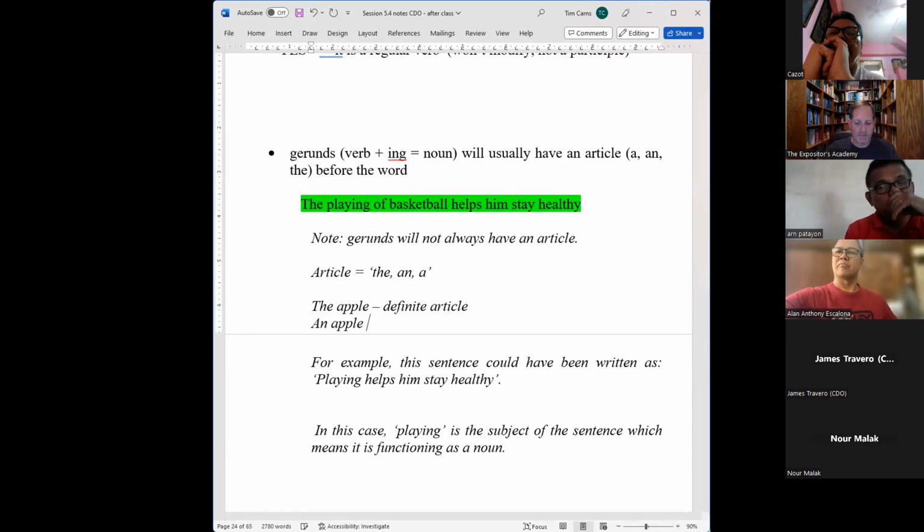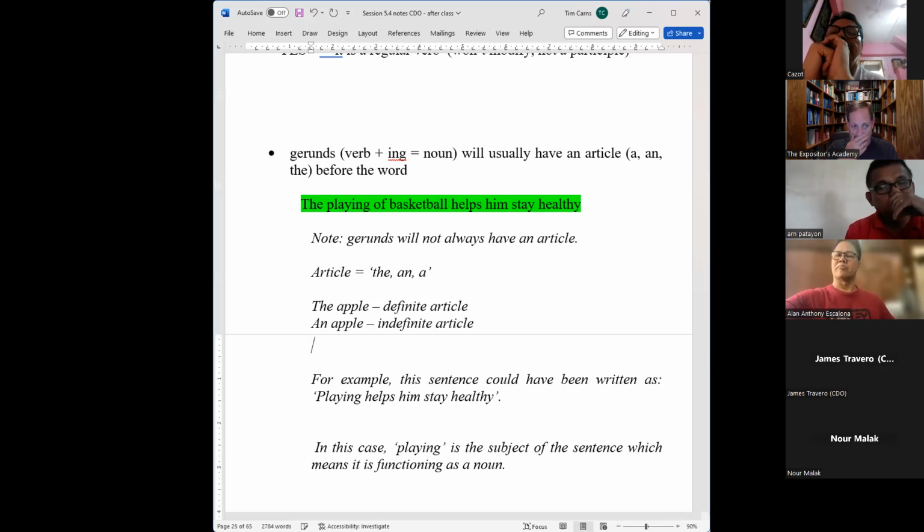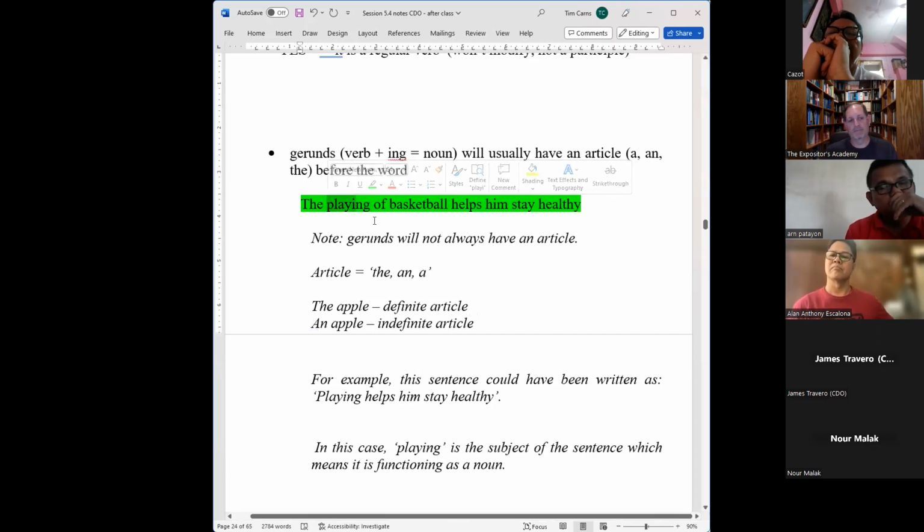An apple, that's an indefinite article. It's just saying any apple. Okay. But if you see an article in front of the word, then it's not a participle. It's this gerund. It's telling you it's a noun. Articles only go with nouns.